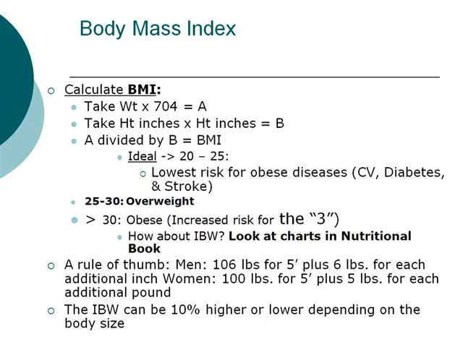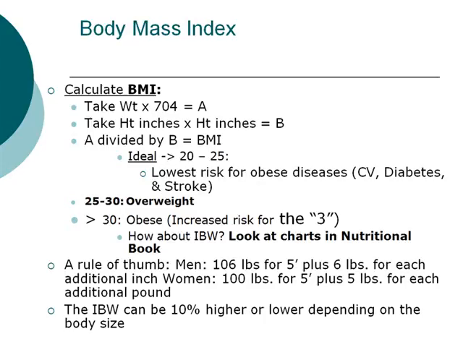So when you're looking at BMI, you take a person's weight times 704. You take their height in inches times height in inches, and that is B. And then you do A divided by B equals a BMI.